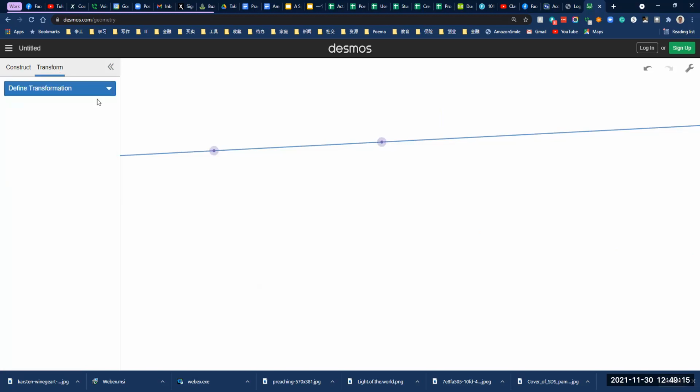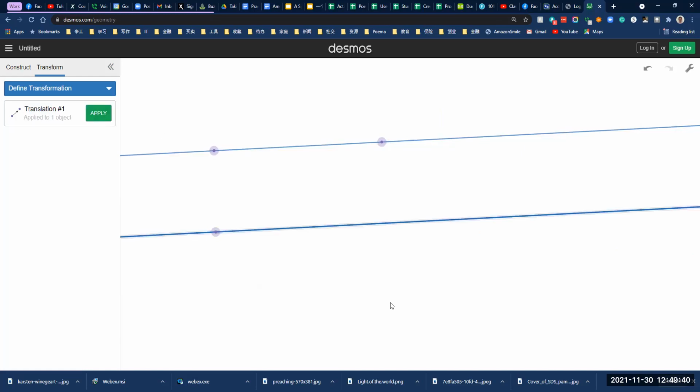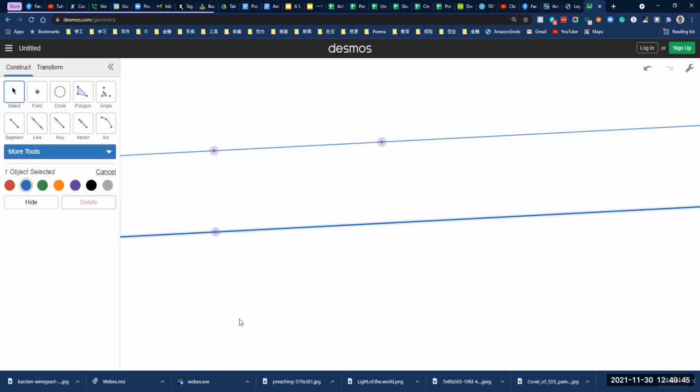Fortunately, with the modern tool, this is called transform. We can actually translate that to any point. Choose a point from, to point, choose what we transfer, apply. So, that's the power of modern tools. Of course, in ancient times, it took a long time to do this.